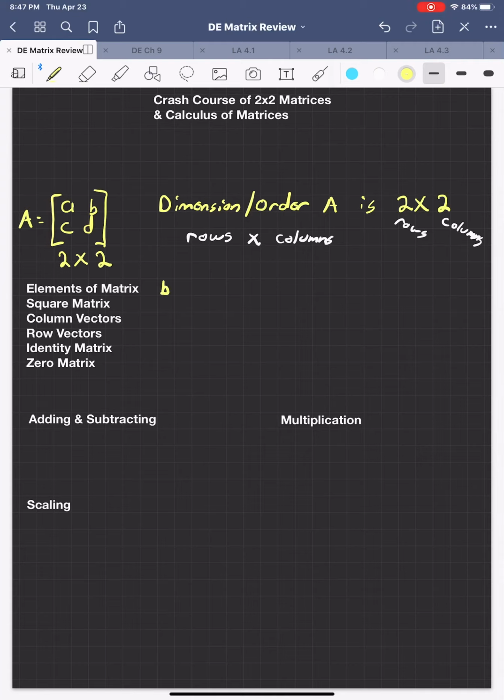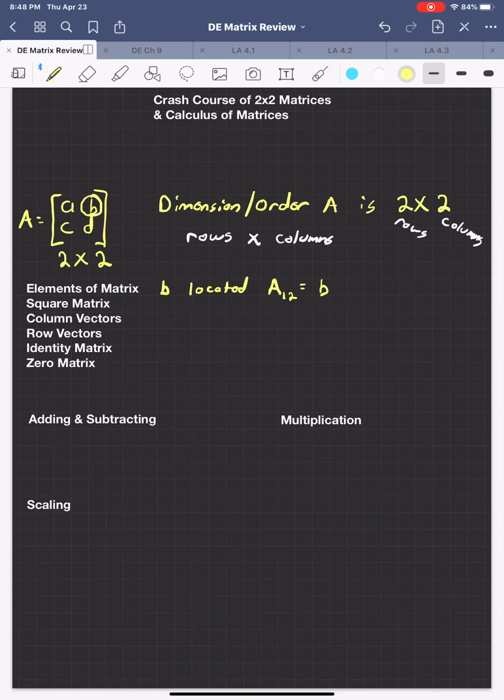B is an element of matrix A, and it's located at row 1, column 2. The way you would write that is A with a subscript 1, 2, meaning row 1, column 2, and then you would say that that is equal to b.